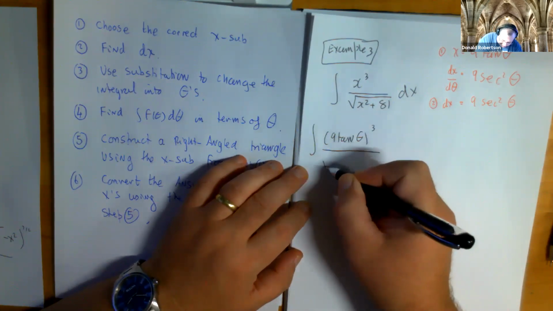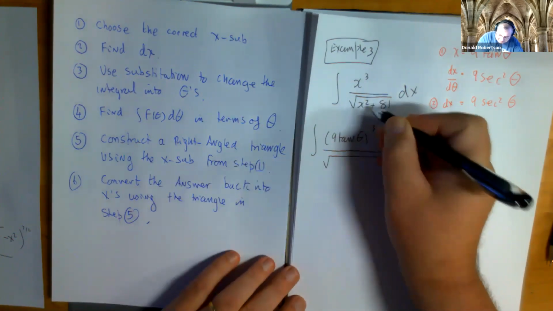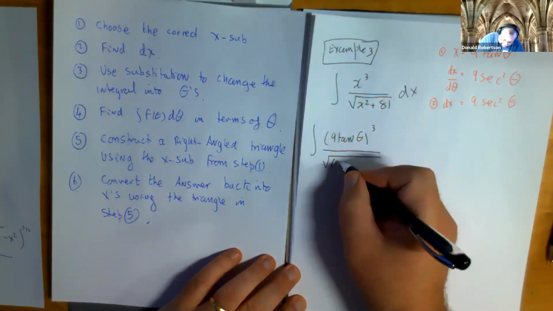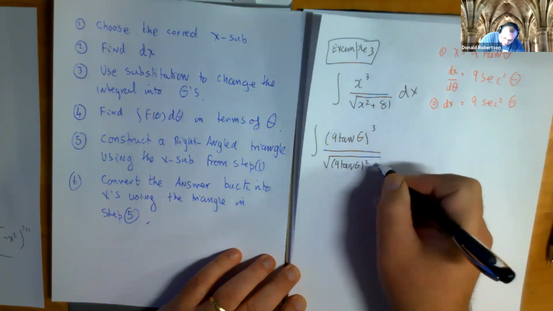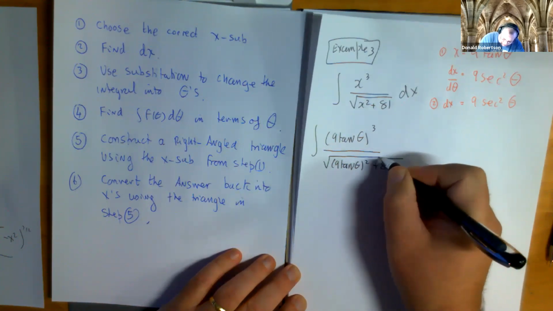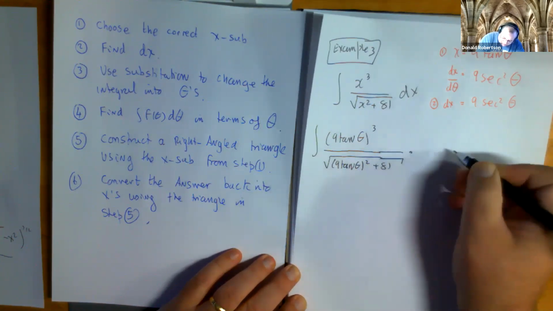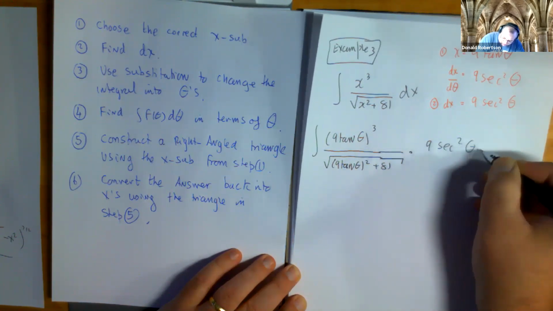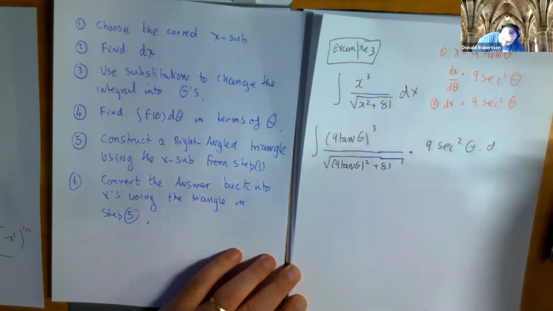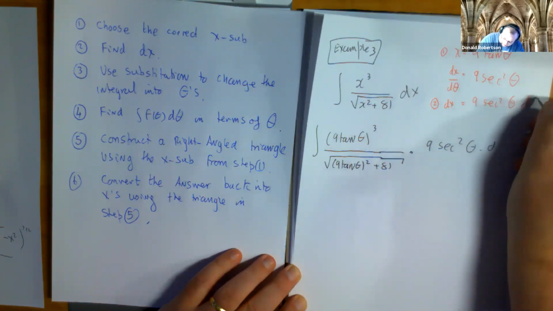The square root: x squared becomes 9 tan theta squared plus 81. And the dx becomes 9 secant squared theta. Oops, nobody noticed.